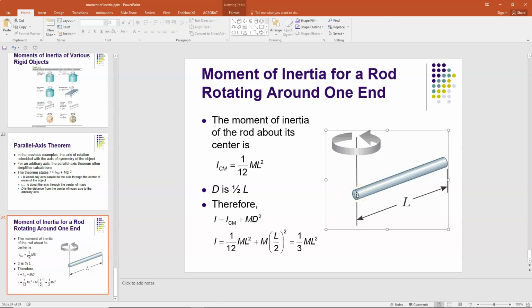That distance is L over 2, right? d is 1/2 L. So d squared would be L squared over 4. So you would take this 1/12 m L squared, which is the center of mass moment of inertia, and then add to it m times L squared over 4. And when you do that, you end up with 1/3 m L squared, okay? So that's how to use the parallel axis theorem if your axis isn't located in a convenient spot.